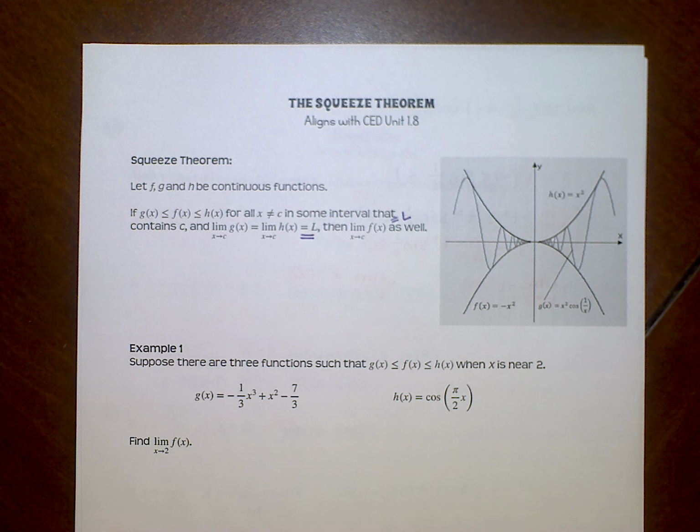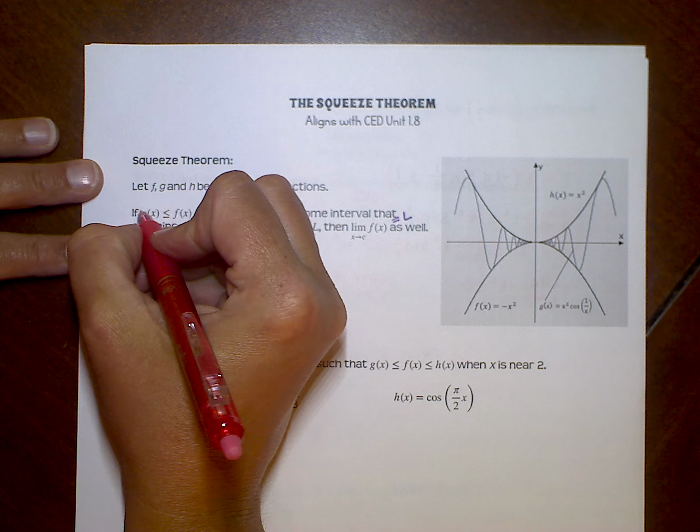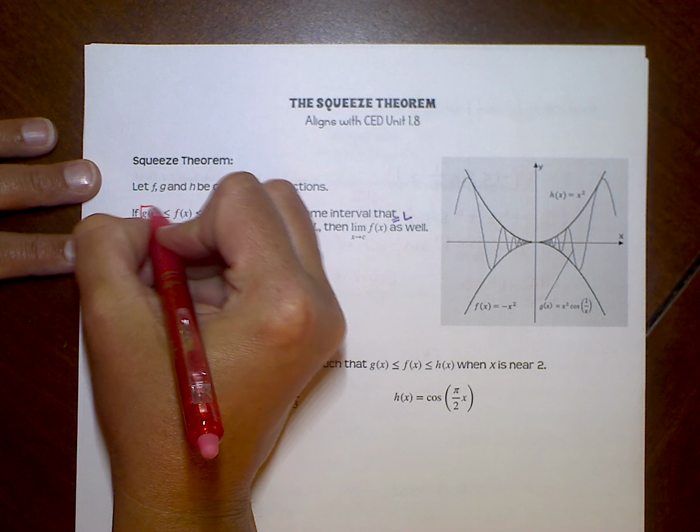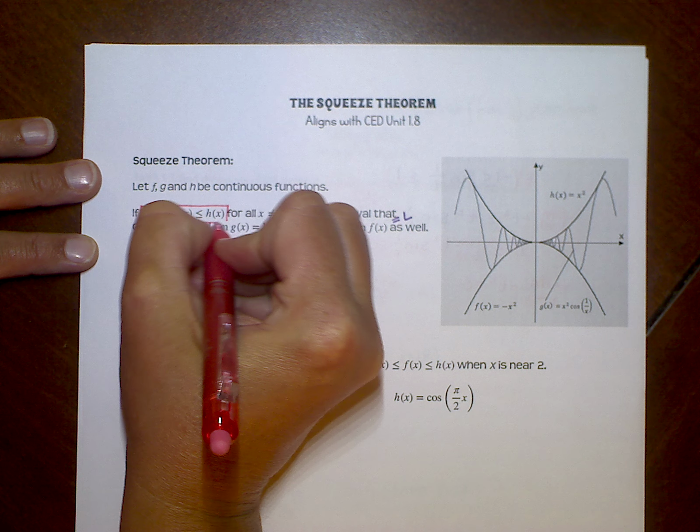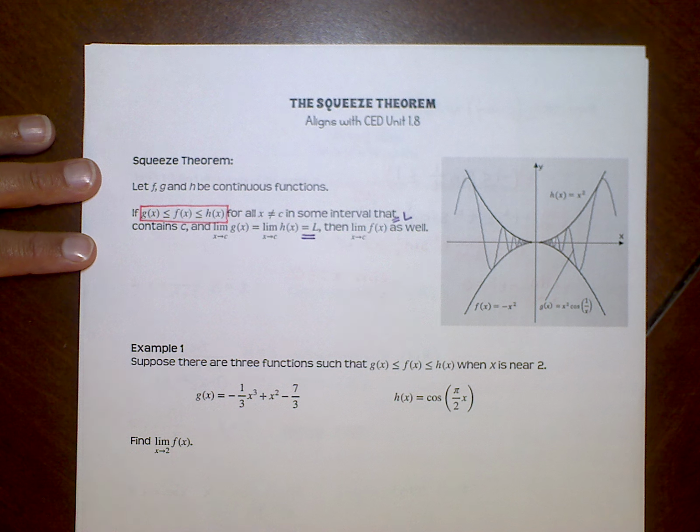Just a quick word on how to justify things, and this is in general in calculus. When you're using a theorem to justify, and we're going to do this quite often, the most important thing is you have to state the conditions of the theorem. The conditions are the if parts. So we would have to say, hey, we know this is true, and possibly we might have to say how we know it. In this case, it's just given to us.